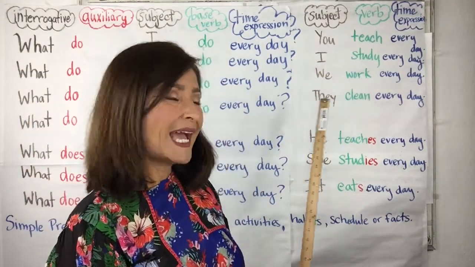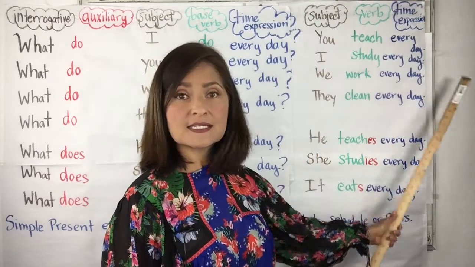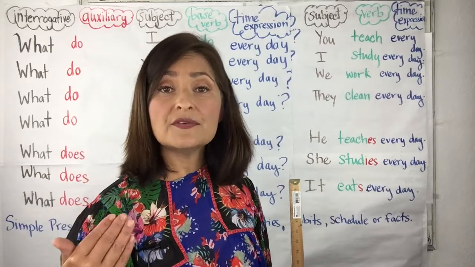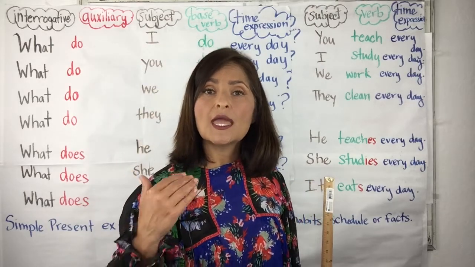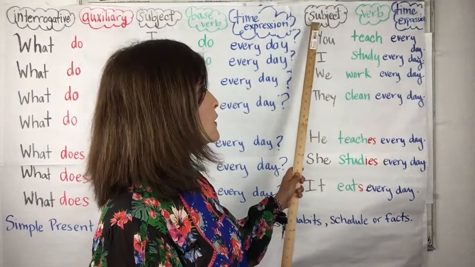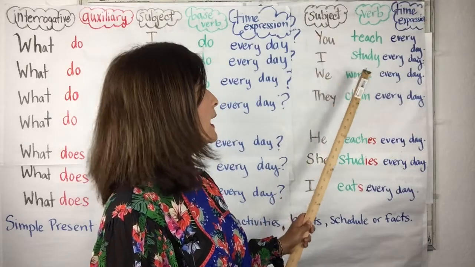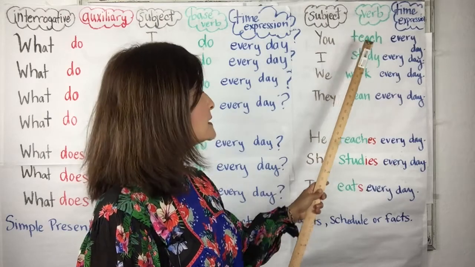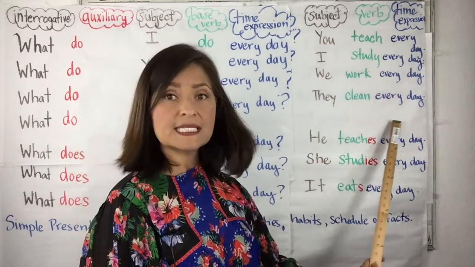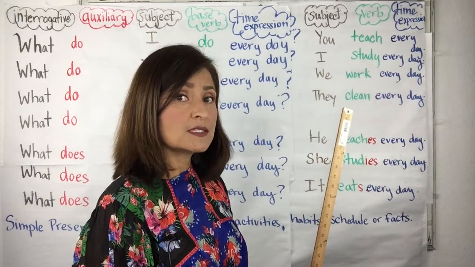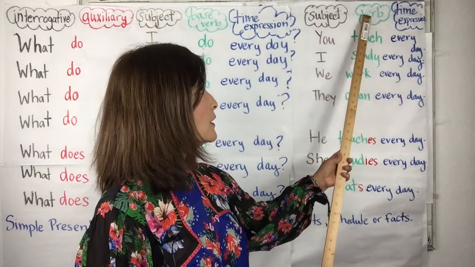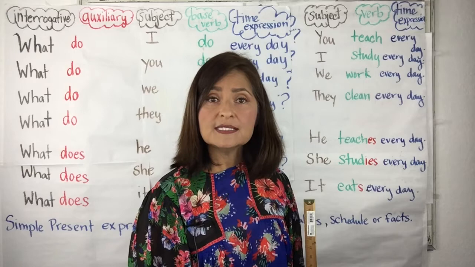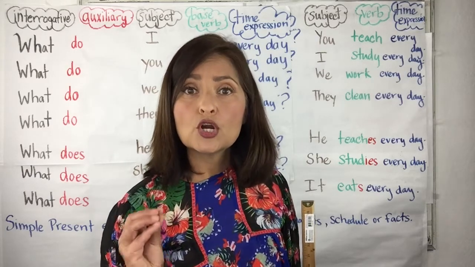Now let's look at the sentences. As I said before, it is important for you to know the order of sentences and questions. In the sentence, I begin with my subject. And second is my verb. But I want you to see the split here, because there are two kinds of verbs here. Here, the verb that does not have an S is expressing plural.